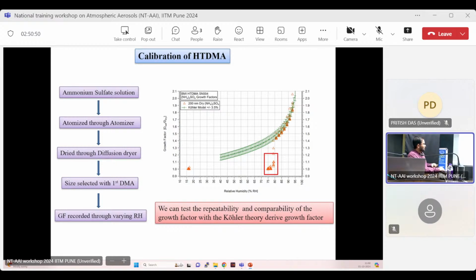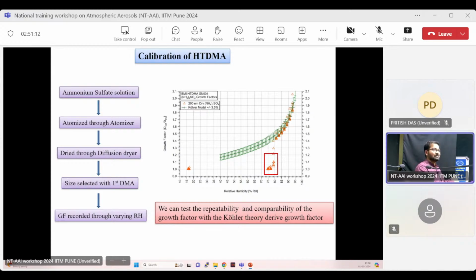You can theoretically calculate the same growth factor for the known particle based on Köhler theory. What you can see here is that it mostly tends to follow the Köhler curve with an error of plus minus 3.5%. But if you see here, for RH around 75 to 80 there is a delay in activation.